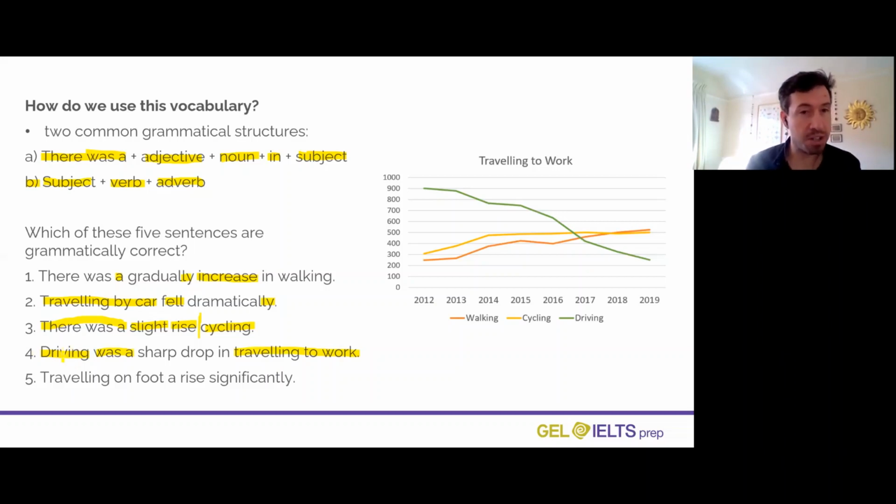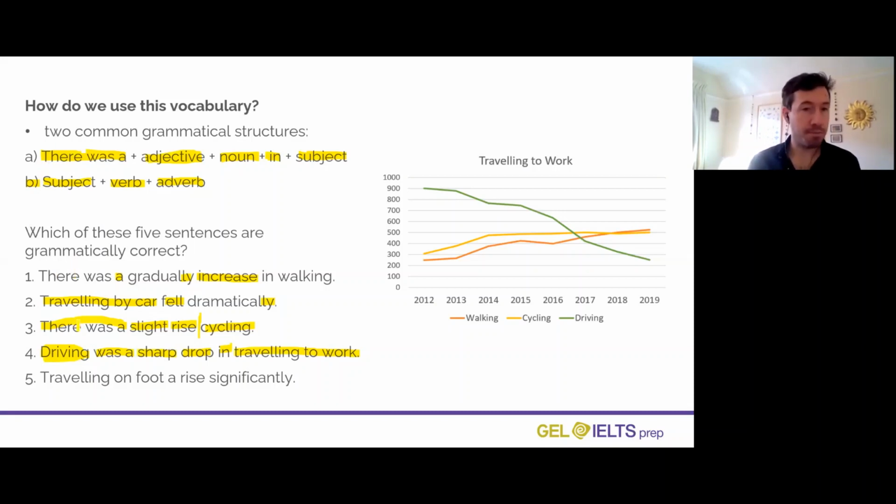We don't want the word driving here. We want the word there. There was a. Sharp is an adjective, so that's correct. And drop is a noun, so that bit's fine. And then we've got in, so that bit's okay. But this word here, driving, it needs to be the word there. So this is not correct, this sentence.